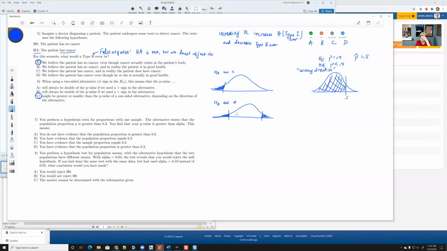Whereas if you had a two-sided alternative, p not equal to 0.4, and p hat equal to 0.5, you'd have to check 0.3, 0.4, and 0.5.